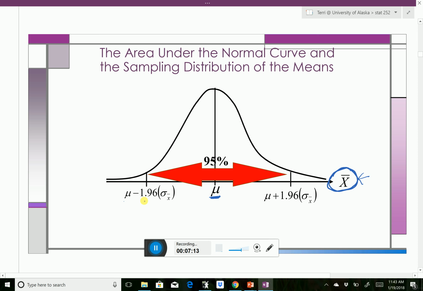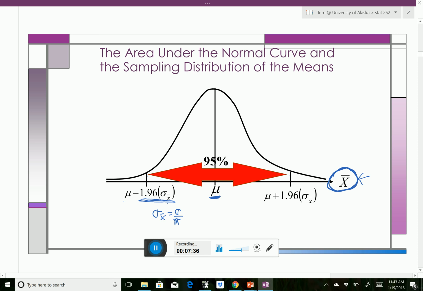And then we know that 95% of our data will fall within 1.96 standard deviations, this being sigma of x bar. So remember, sigma of x bar is sigma over the square root of n. So we're 1.96 standard deviations to the left and to the right of mu.